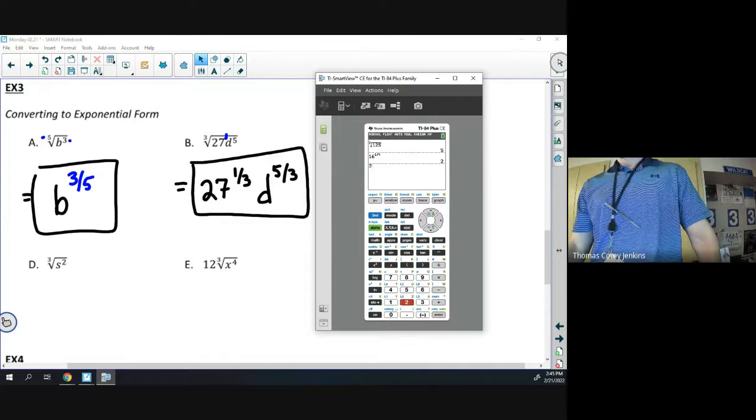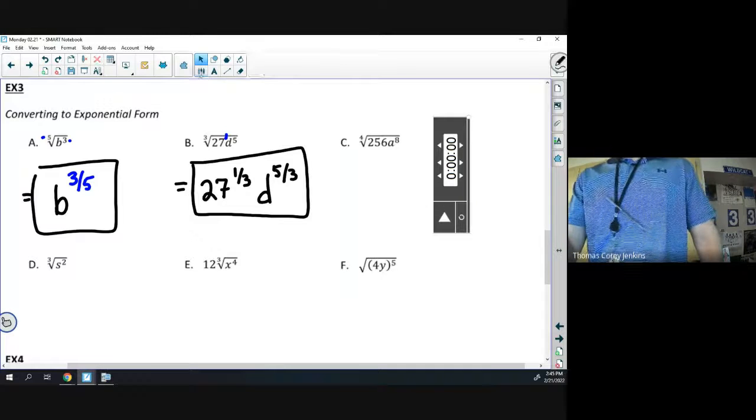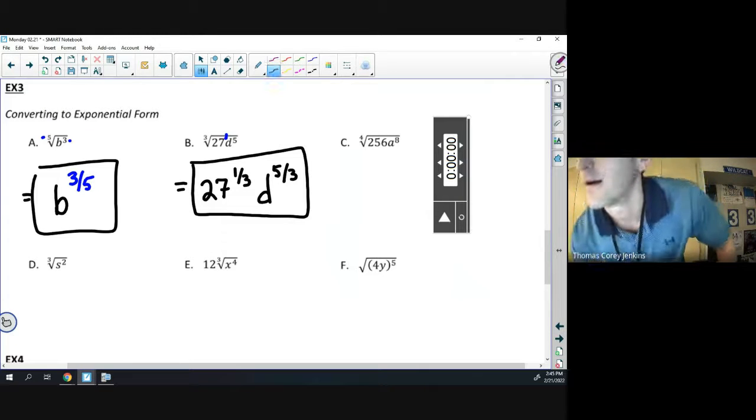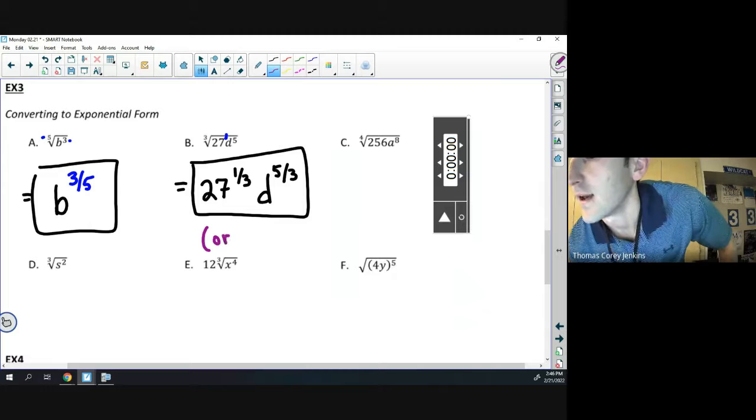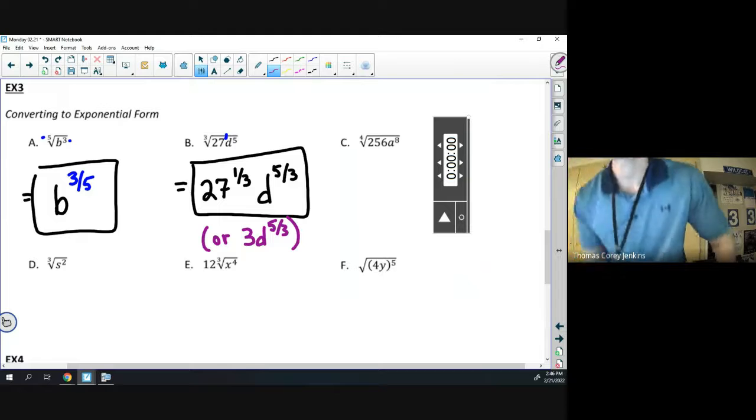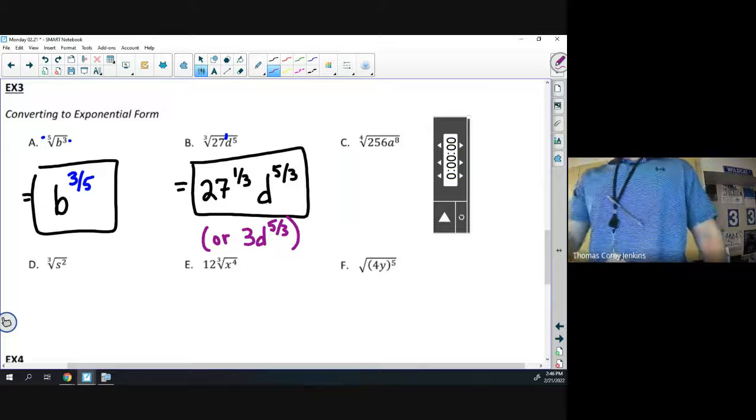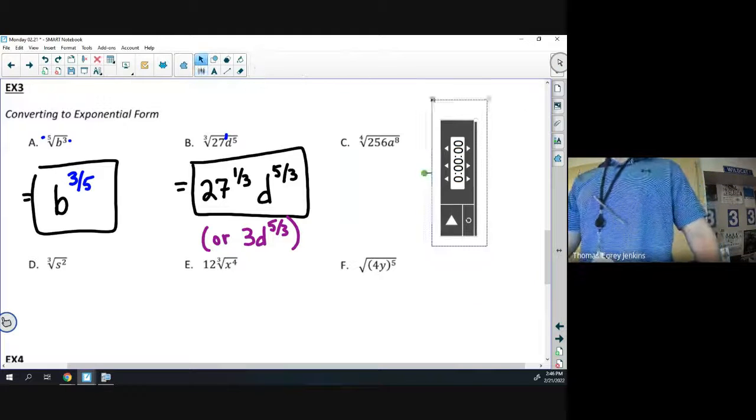So if I were just simplifying, I would want to figure out that 27 to the power of 1/3 is 3. So fully simplified, that would be 3d to the 5/3. Okay, so kind of pay attention to the directions there.